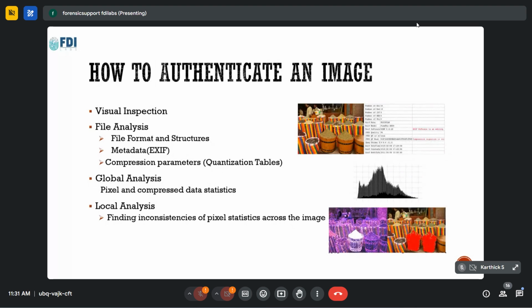Next we see the metadata, I mean the EXIF metadata of the content. Another major method is compression parameters, that is, the quantization table. We are not going deep into these concepts now because we're just seeing the types of image editing techniques. We'll see these concepts in our third part, which is more related to the forensic methods of image integrity.